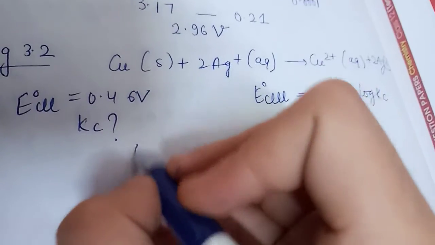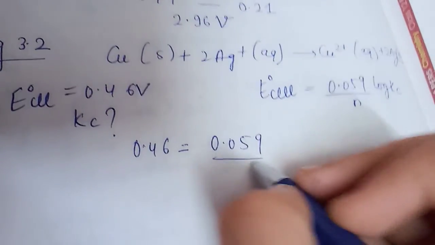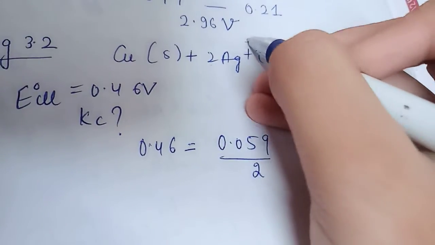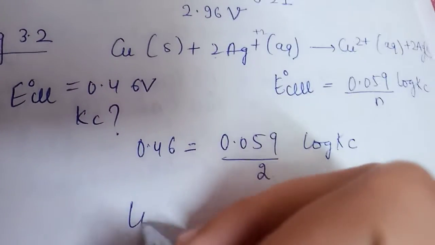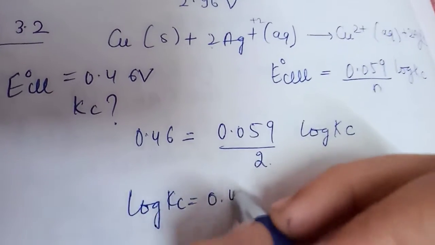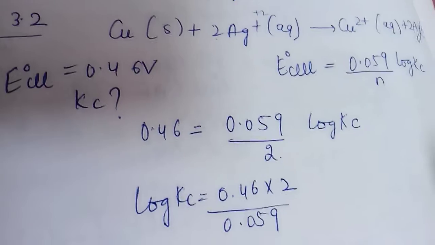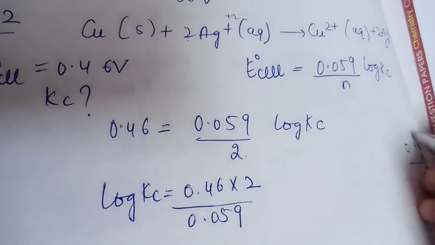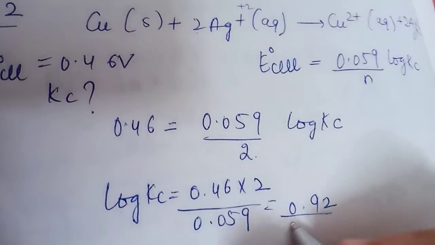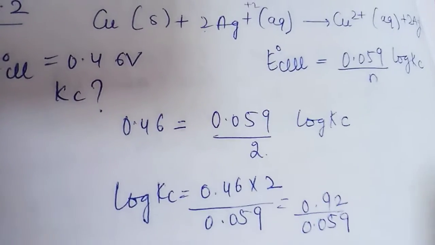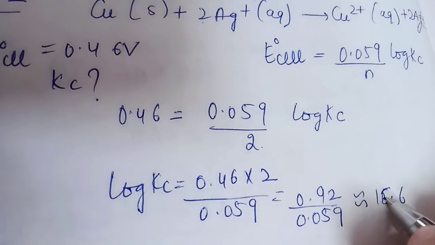So put the values. 0.46 equals 0.059 by 2 electrons. You can see 2 Ag means 2 plus 2, so 2 log of Kc. So log Kc is equal to 0.46 into 2 by 0.059. It is 0.92 divided by 0.059, which is approximately equal to 15.6.